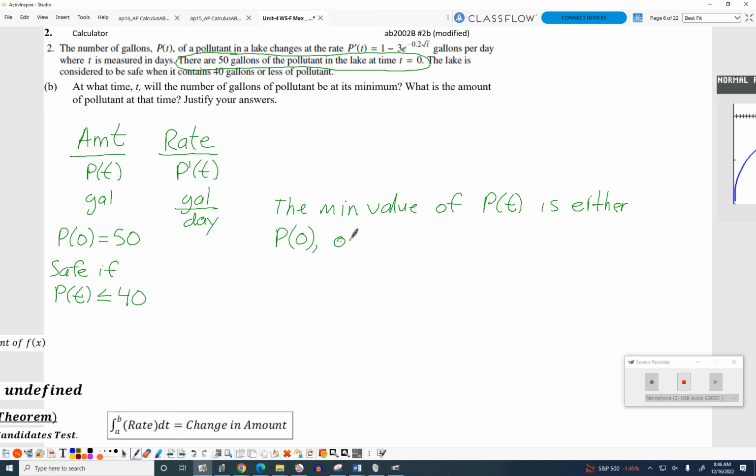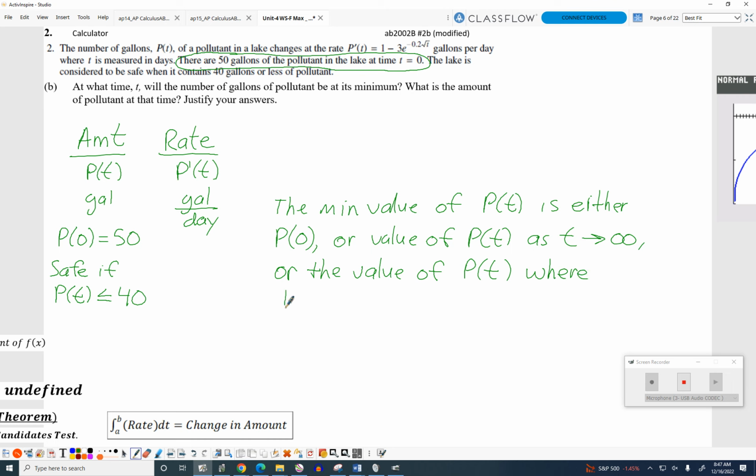Or value of P of T as time goes on forever. Or the value of P of T where P of T has a relative min. Questions?